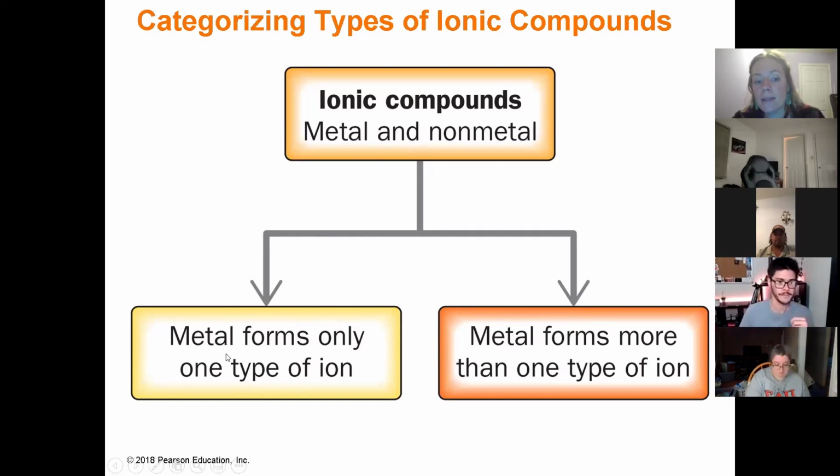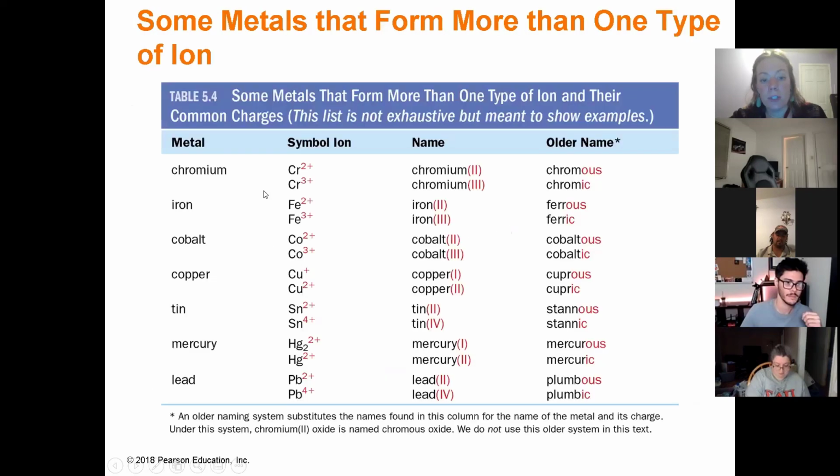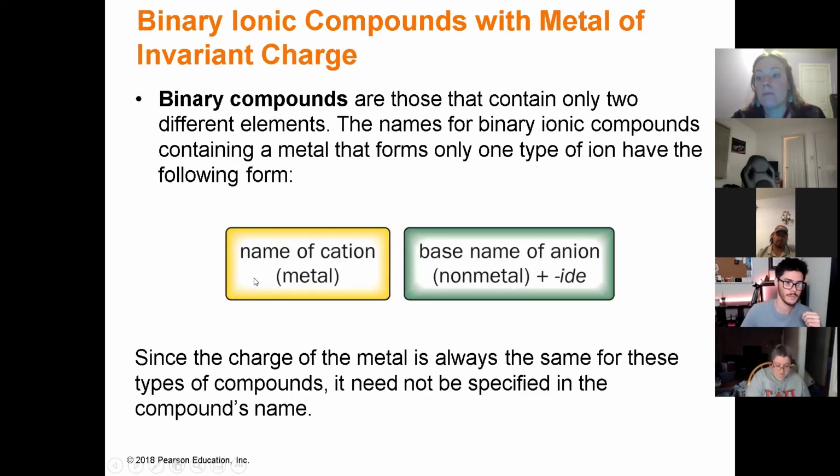So let's go with the most basic thing here. We have a metal with just one type of ion. There's the predictable charges. Okay, so I give you something. You're going to take the name of the cation. That's just a fancy way of saying metal. You're going to take the base name of the anion, that's the nonmetal, the base name meaning you take off the ending of it, and then you replace it with IDE.